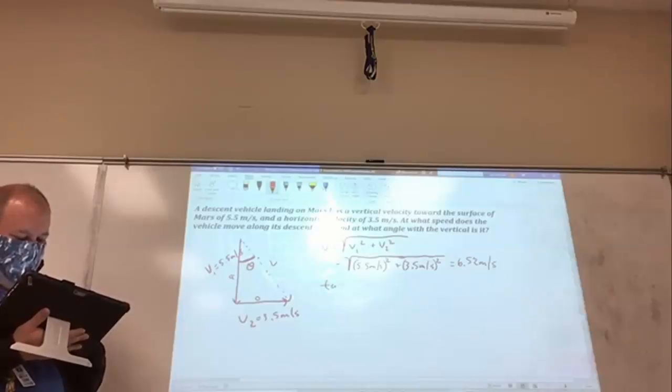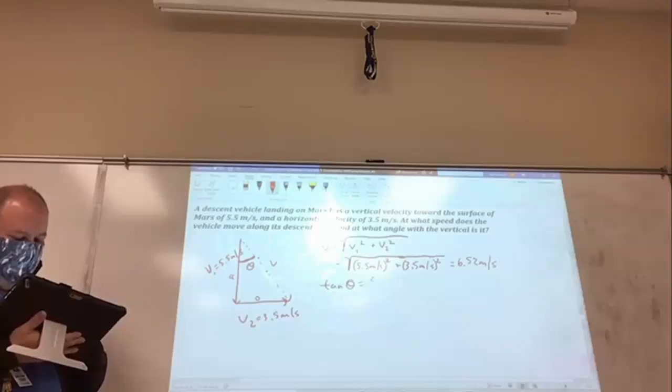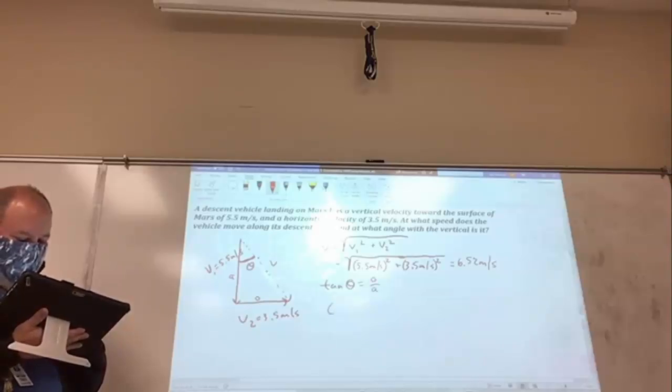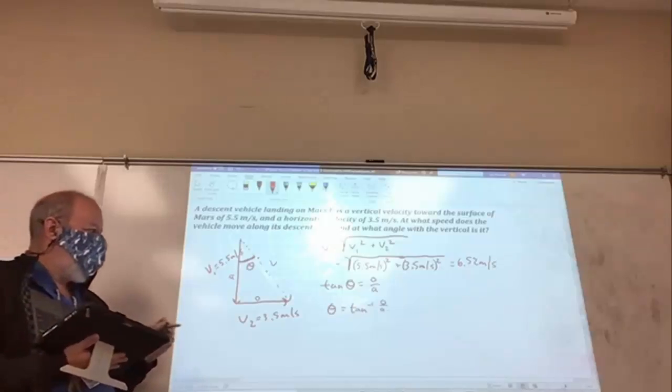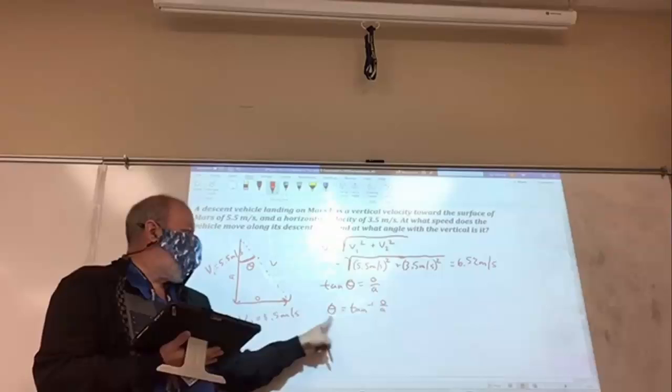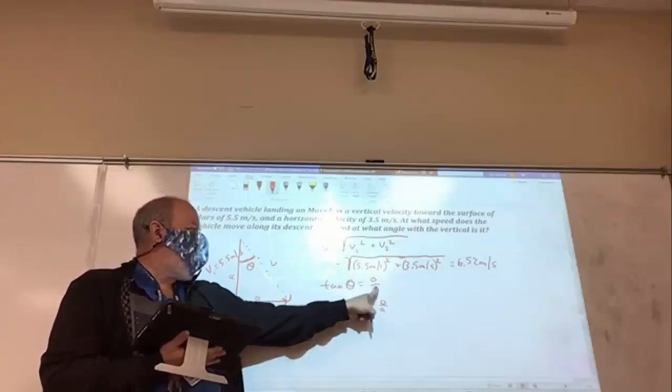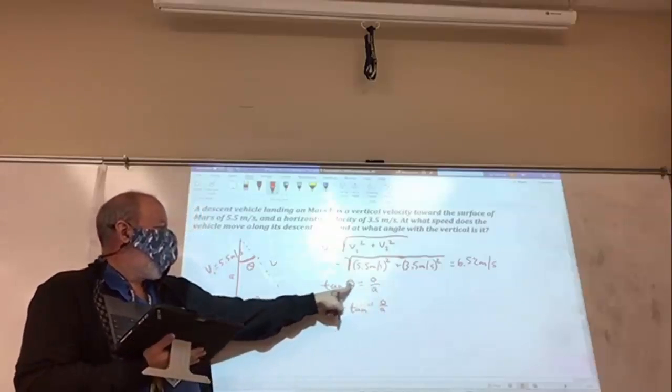So I know, and this will be something you don't have to write out, you know that tangent equals opposite over adjacent. And so you know that the angle equals the inverse tangent of the opposite over the adjacent. If you know this already and it's firmly in your brain, don't worry about writing this down, but this always helps me.